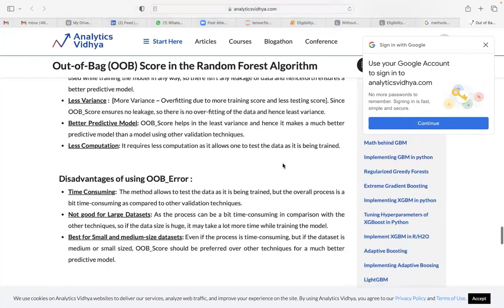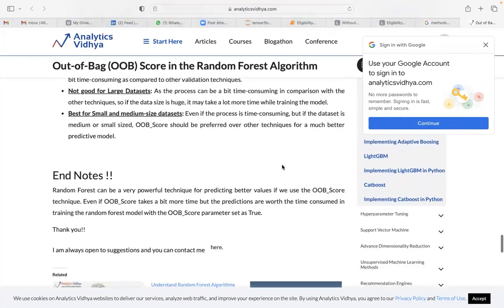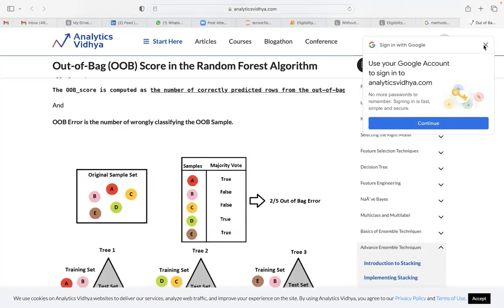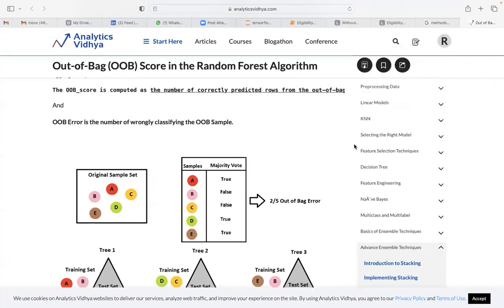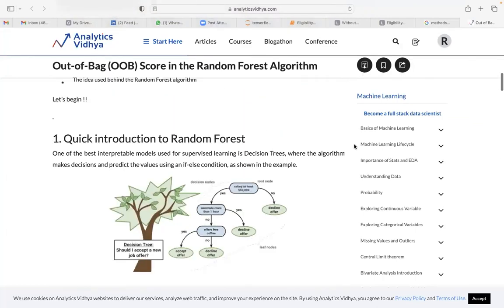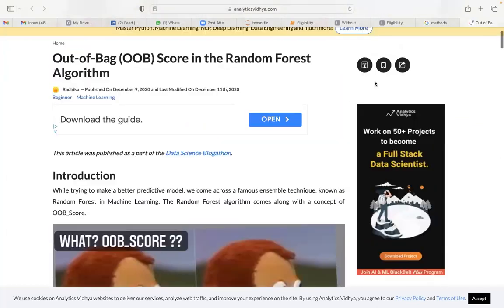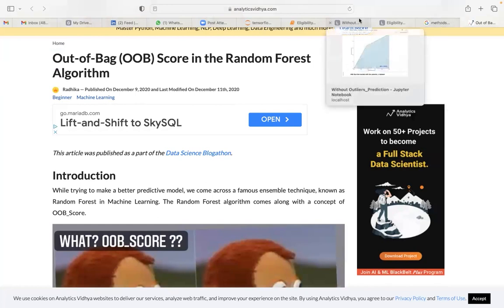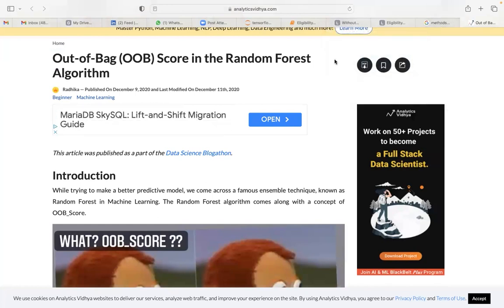Obviously, everything that is mentioned in Analytics Vidhya can or cannot be true. Even on Medium, I have found mistakes. So I'm not sure. I prefer going to a very traditional method of going through research papers, and I really appreciate the use of books and research papers rather than these. I'm not saying that these are wrong.